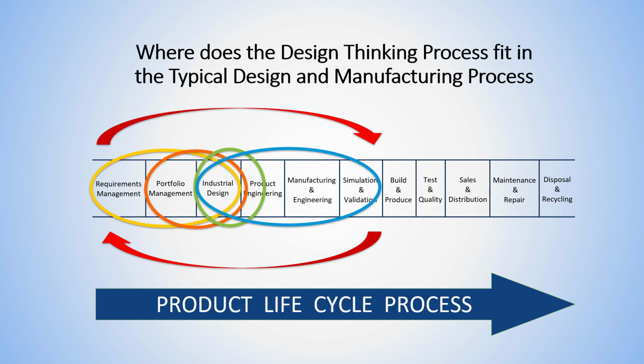And we can see here what we just talked about, that design thinking and that process where we went through all the different types of a circular motion. You can see here how we started at requirement management and go all the way through up until simulation and validation, before we go to build and produce. If we find any issues between any of these areas, the industrial designer works within this.